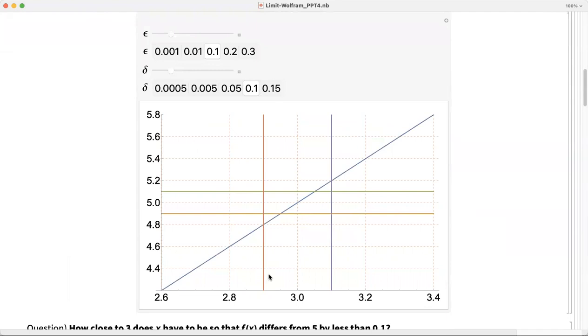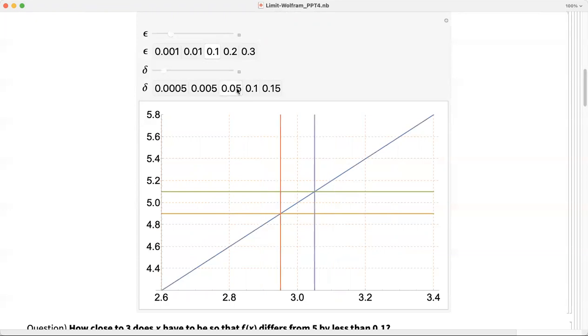Then if x is between 3.05 and 3.1, the function value will be something like 5.15, which is still outside the distance of 0.1 from 5. So delta must be less than 0.1.